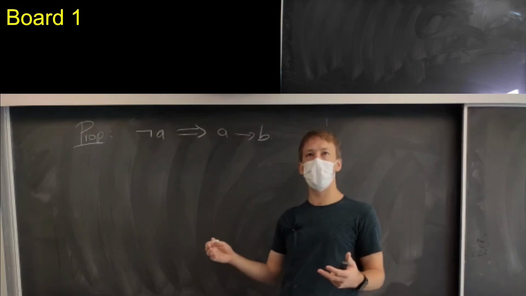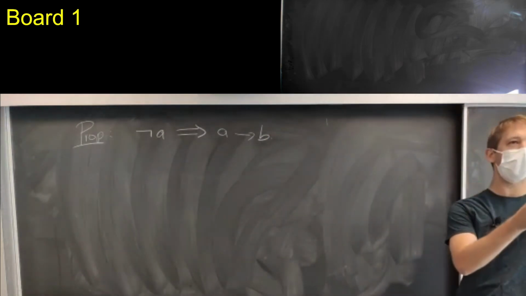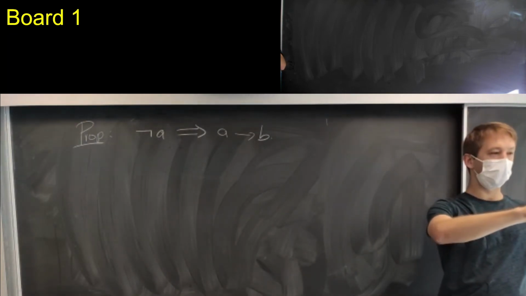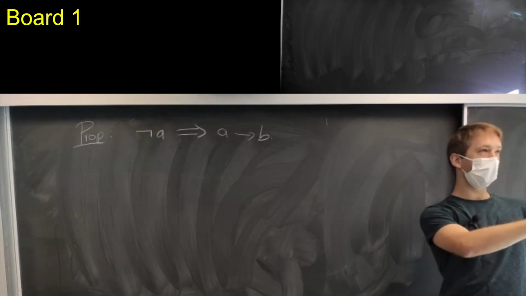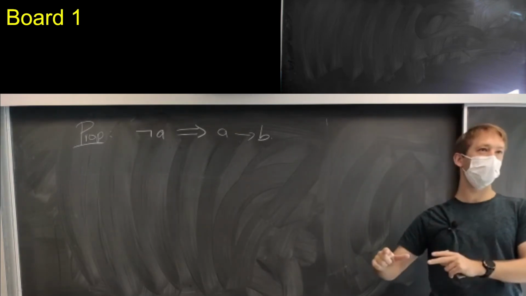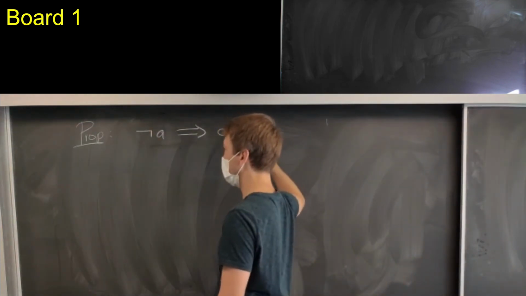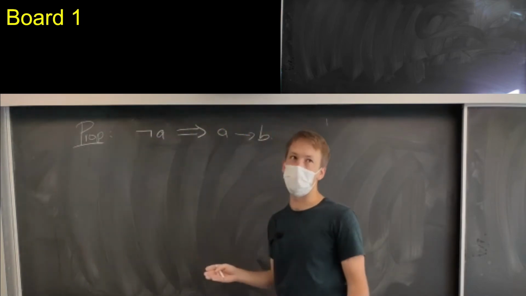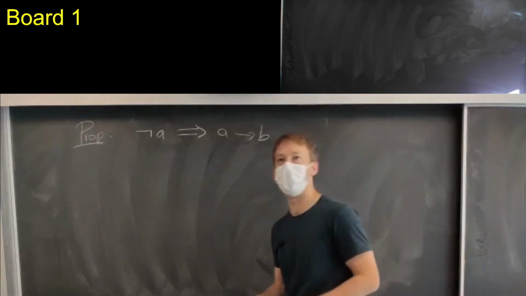This is saying this fact I keep on repeating over and over, that if the first part of an implication, A implies B, is false, then the whole thing is true. It's kind of encoding the fact that if A is false, then A implies B is true. Your description is perfectly good.